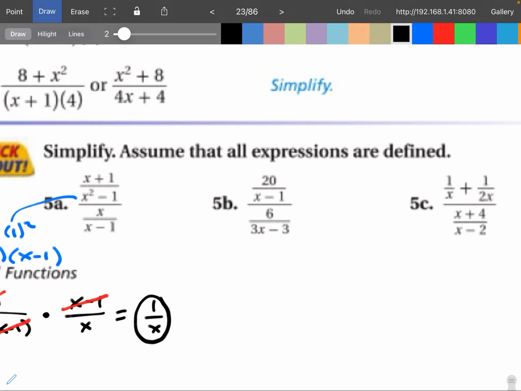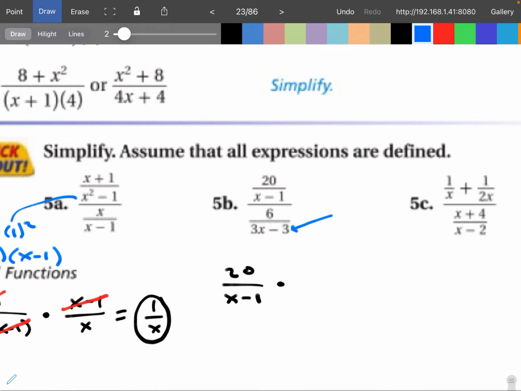We are going to take the numerator fraction. So we've got 20 over the quantity x minus 1. And we're going to multiply that by the reciprocal of that denominator fraction. Before I do, though, I want you to note that this denominator right here factors.